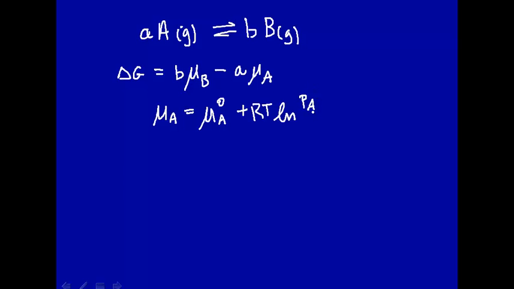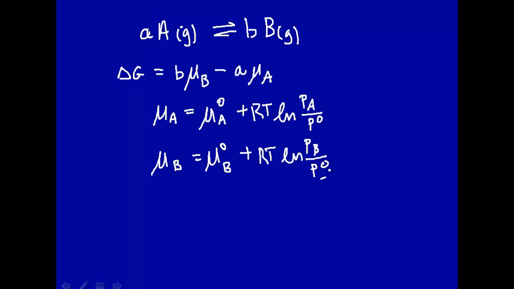Let's assume ideal, so we don't have to worry about fugacity and fugacity coefficients. We can write a similar equation for mu B. That will be equal to the standard chemical potential, the chemical potential at 1 bar, plus RT times the natural log of the pressure of B, assuming ideal, over this reference pressure. Note that this pressure here, P0, corresponds to that.